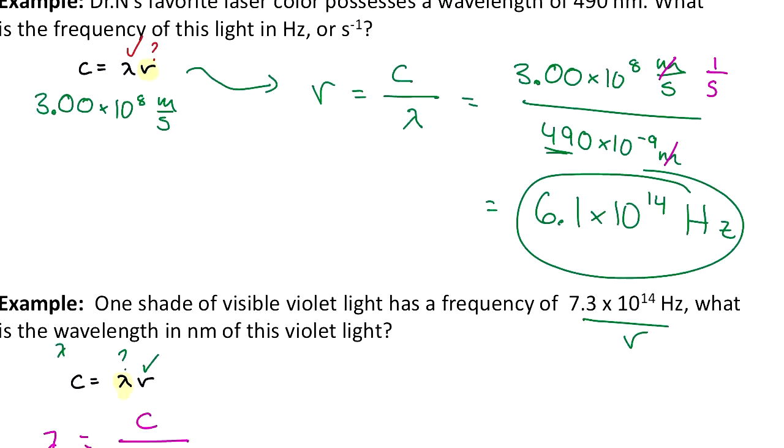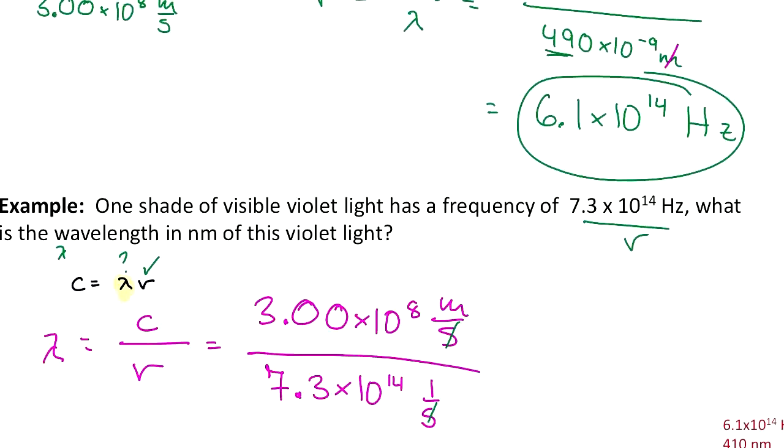Wavelength equals speed of light over frequency. So let's put in those numbers. 3 times 10 to the 8 meters per second over its frequency. I gave this to you. There's no manipulation that we have to do. The units will cancel beautifully here. 7.3 times 10 to the 14 hertz, or 1/second, same thing. And so you can see, yes, the seconds cancel.